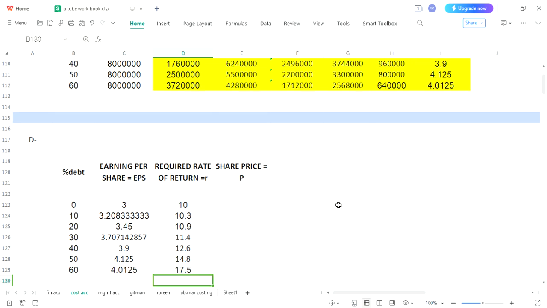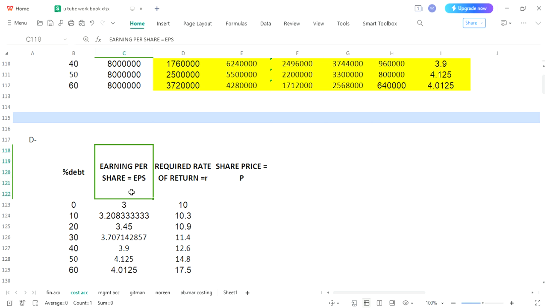So we are not doing anything with it, only this column needed to be filled, which we had already solved.